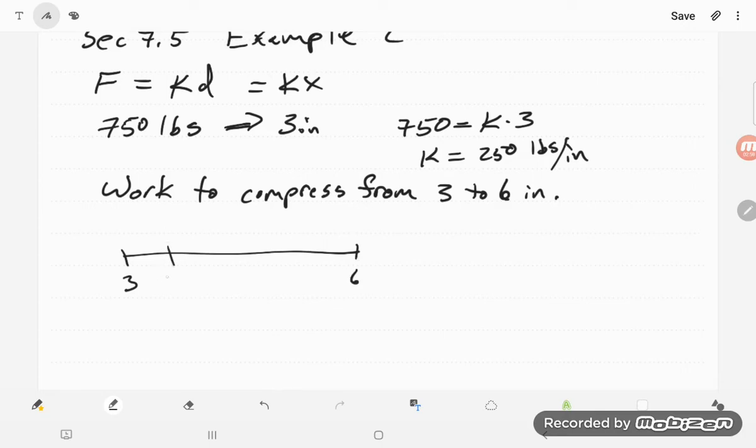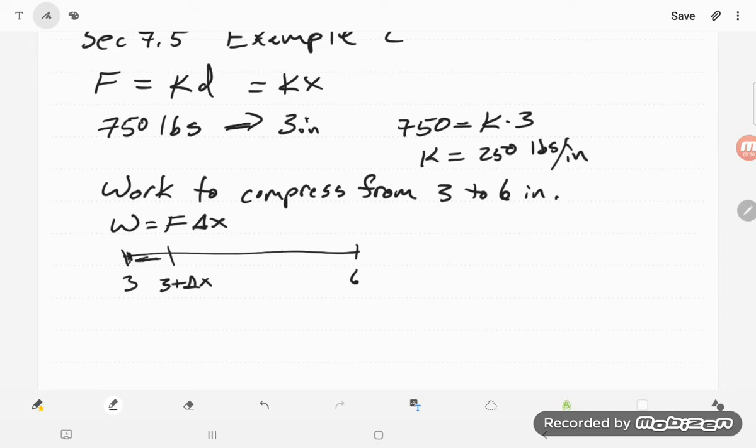Here's 3, here's 6. If I move it delta x inches, then the approximate work done in there is just the force times the delta x that I did. Well, what was the force? It was some value of x in here times 250.